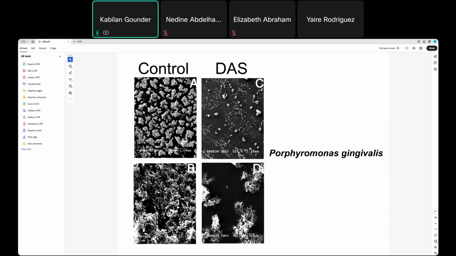The higher magnification also clearly shows the difference between B and D: the biofilm was significantly reduced, and most of the surface is free from biofilm compared to the control group. That suggests the scanning electron microscope helps us understand further the evidence that PG biofilm was dramatically removed.